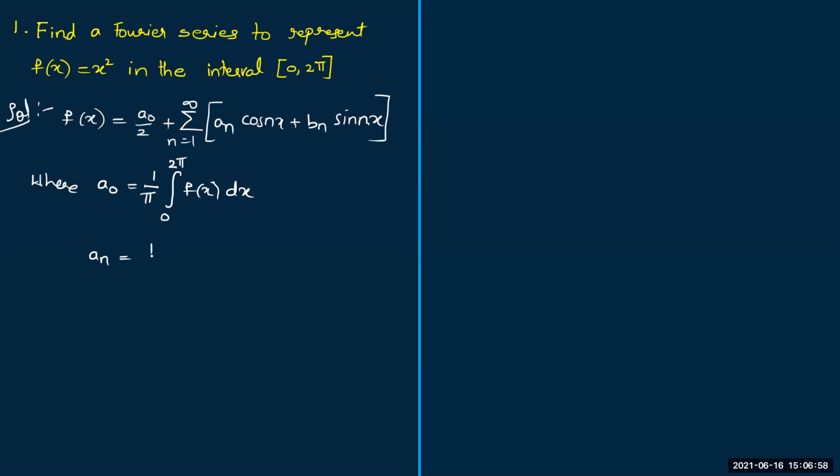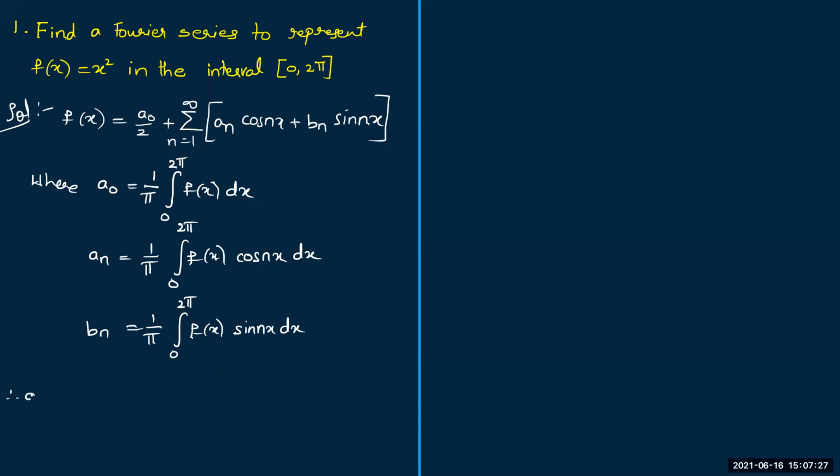An is equals to 1 by pi into integration from 0 to 2 pi f of x into cos nx dx. bn is equals to 1 by pi into integration from 0 to 2 pi f of x into sin nx dx. So I'm just trying to use these three formulae to evaluate those three Fourier coefficients.